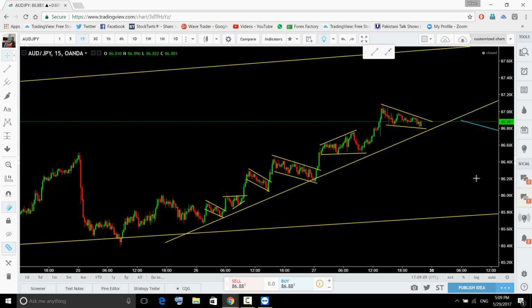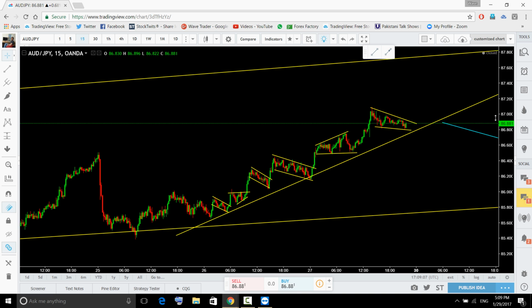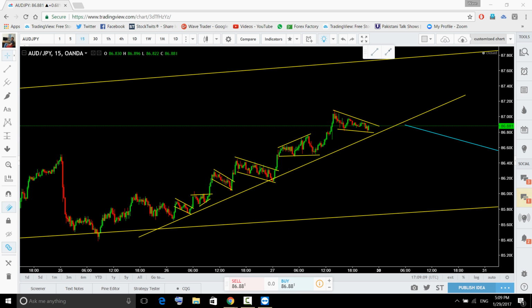As long as price stays above this trend line, no need to short. And in case price breaks down with corrective candles, still, you need to stay away from that. Only look for sell when you see these kind of candles over here, which give you an indication for short term.